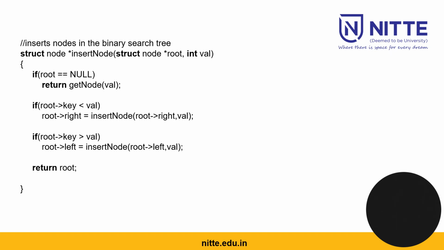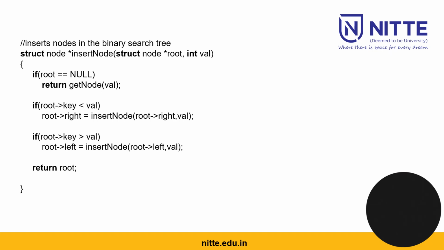So that means from the root only we will start inserting, it will traverse through the root and it will insert this value at a particular node, and that is what the insertNode function does. But here if root equals null, then it will return getNode of value. So it will return that value.